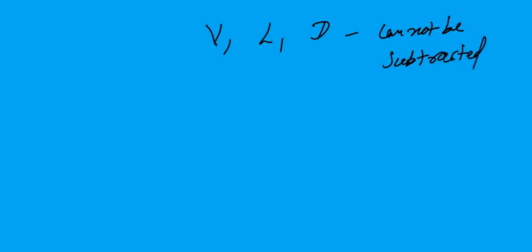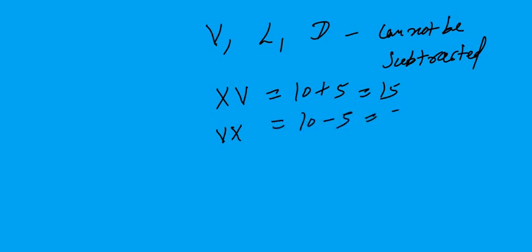For example, if you want to write 15, if I write X and V, that will be added, no problem: 10 plus 5, it will be 15. But you may say, when you subtract, if you write V and X, it will be subtracted, that means 10 minus 5 is equal to 5.